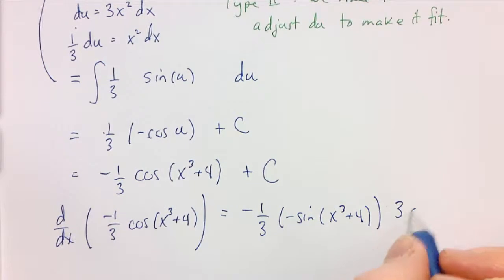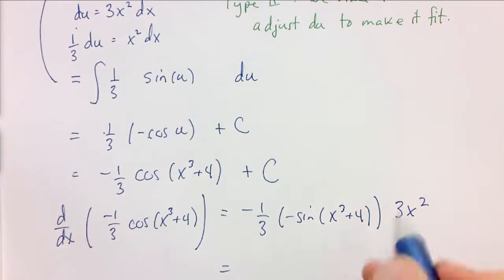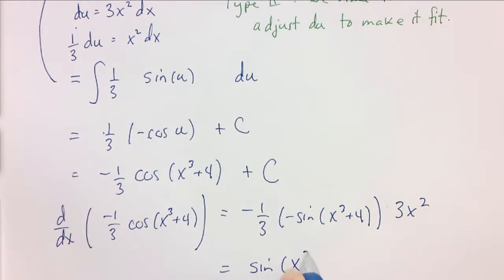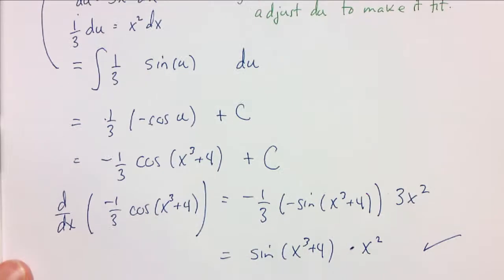That's the chain rule. Minus minus gives me plus. 3 times 1/3 is 1. And we're just left with the sine of x cubed plus 4 times x squared, and that's exactly where I started. So we found a good antiderivative.